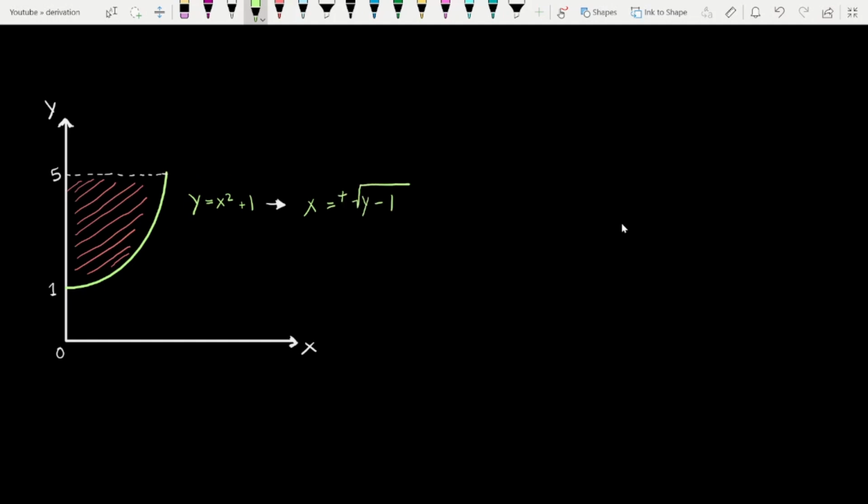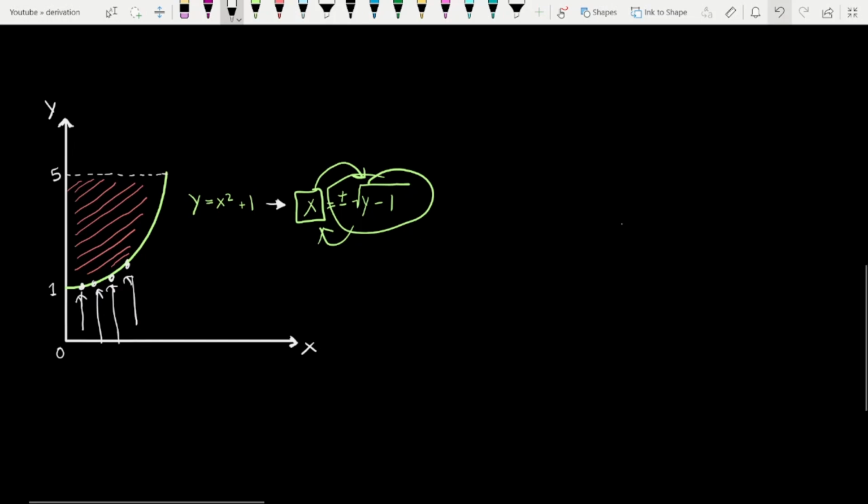Now, is it going to be a positive square root or a negative square root? Well, you got to realize that your x is equal to this entire thing right over here. So whatever you throw in this thing, it's going to solve out and give you your x coordinates. So all of the points on this curve are going to have some x coordinates.